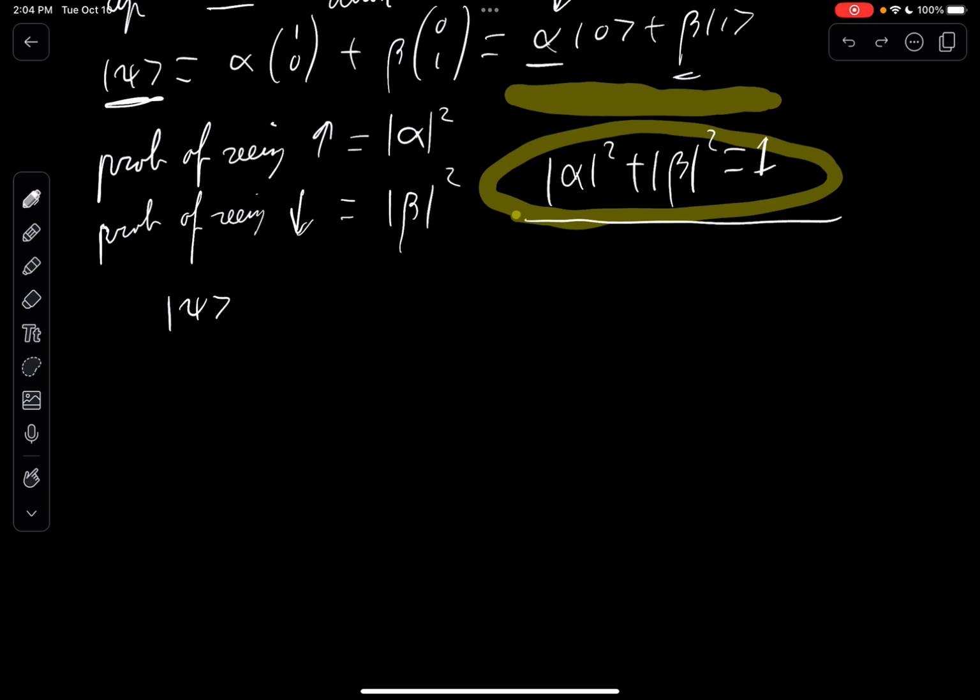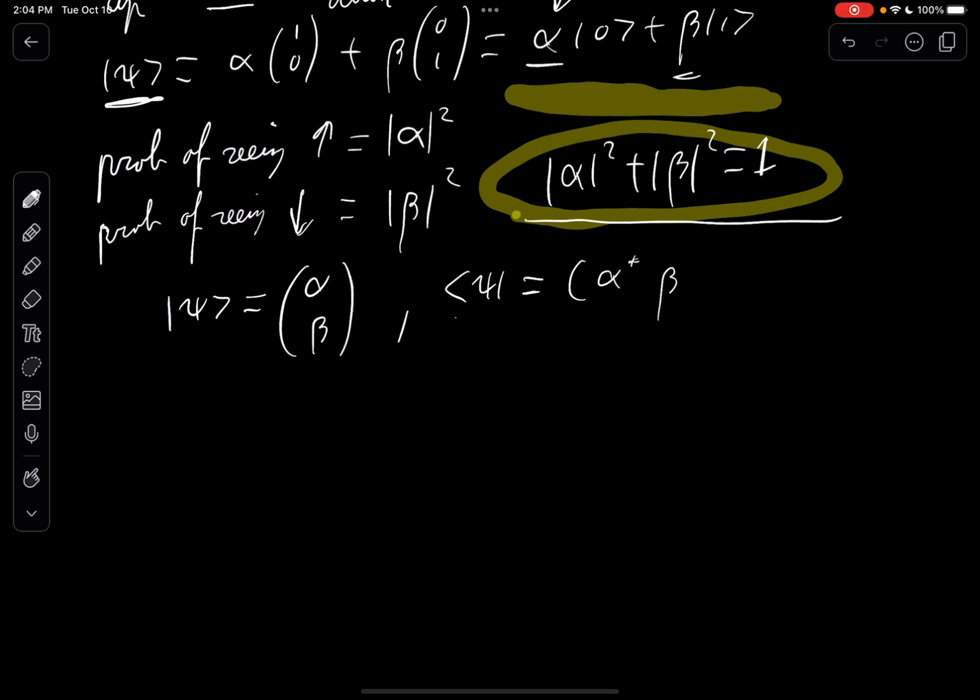Namely, if psi is, for example, alpha beta, then we can define its conjugate transpose, where we flip the angular bracket and the straight line. This is the same as alpha beta, but we take the conjugate transpose. So we flip the vector and make sure we take the complex conjugate of the entries: alpha conjugate, beta conjugate.